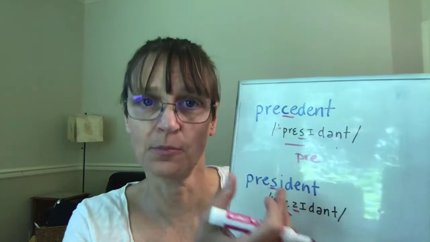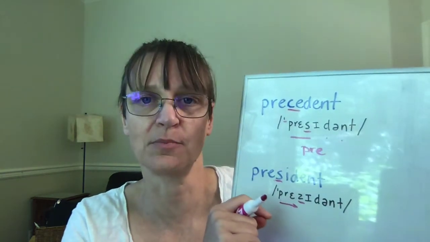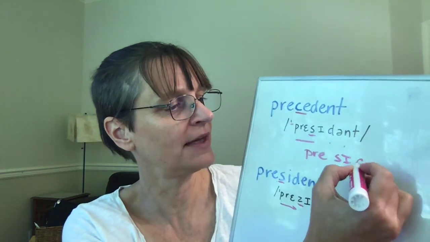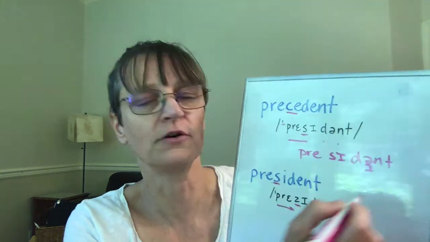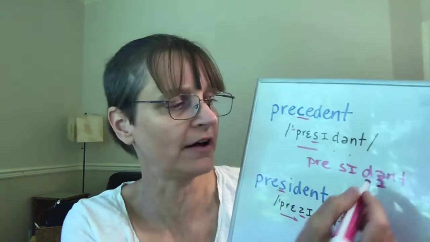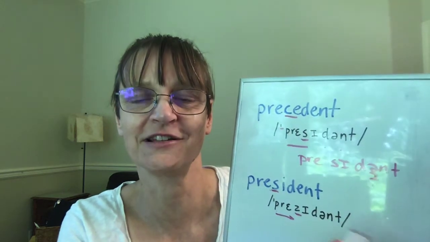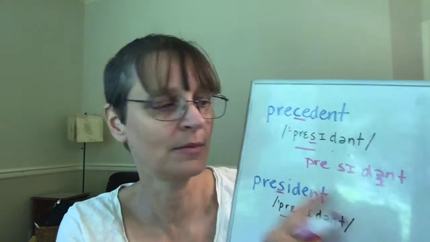Pre can also say pra in some words in American English, but in both of these words it says the pre vowel. Then I'm going to have my lax I vowel and an unstressed schwa. You may also hear people saying it with more of an I vowel. It doesn't matter too much if I'm using schwa or I in that last syllable. I want to be light and fast on it. Precedent, precedent.